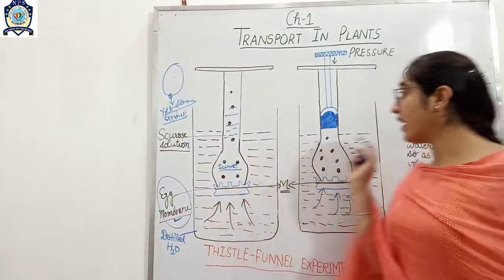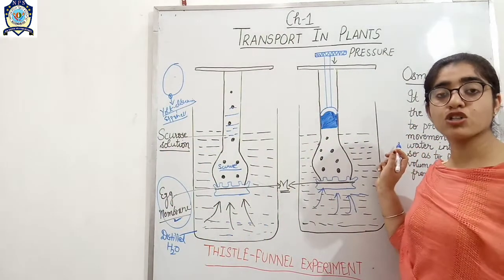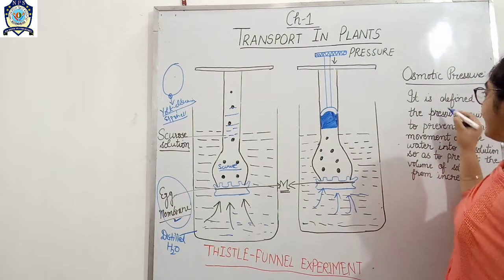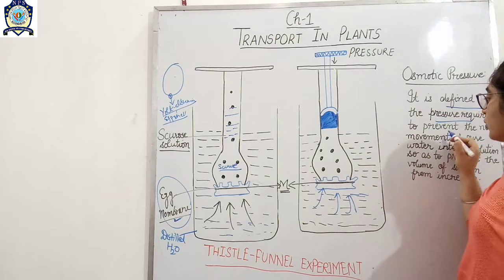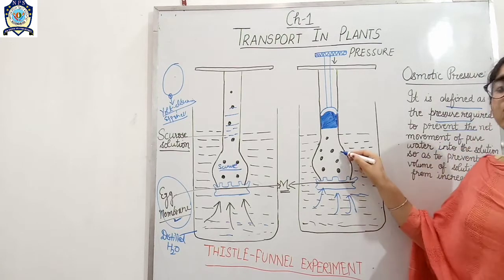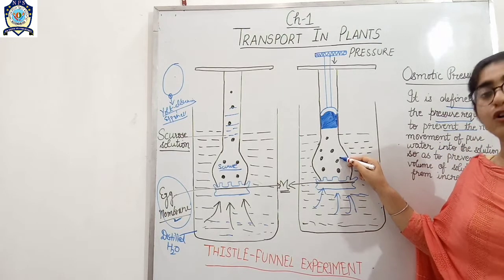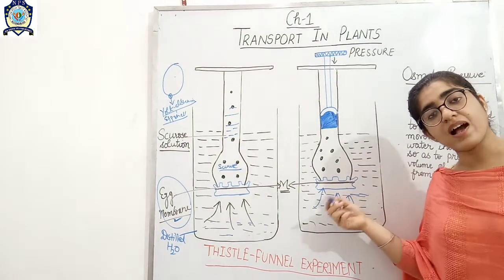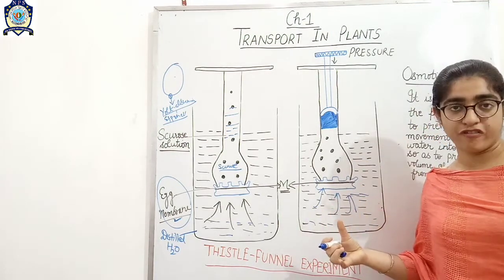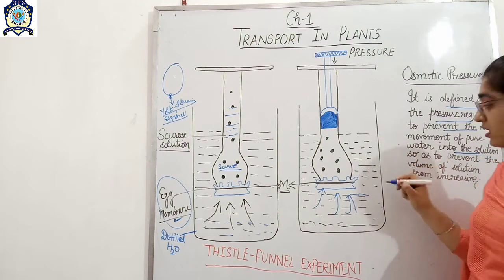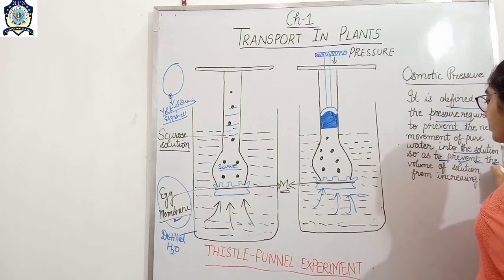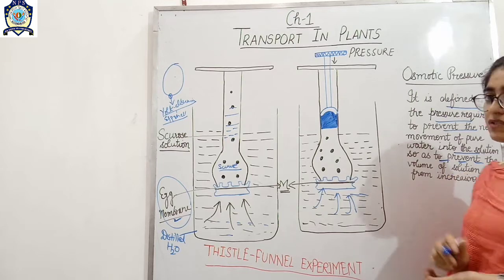So here I have written the definition. Osmotic pressure is defined as the pressure which is required to prevent the net movement of pure water, pure water meaning having the maximum number of water molecules, into the solution so as to prevent the increase in volume of the solution.